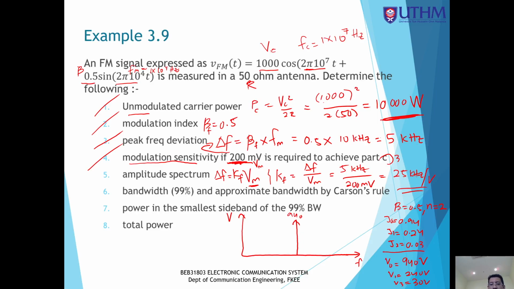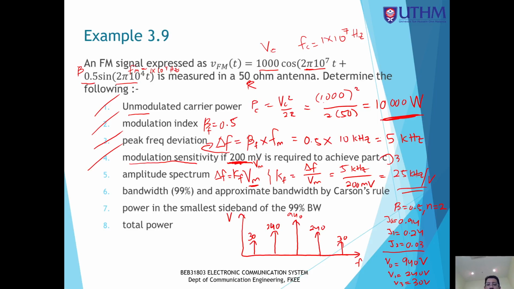The first sideband is 240, and another one here is 30 volt. And you also have the lower sideband over here, 240, and another one here is 30. This is not complete yet.